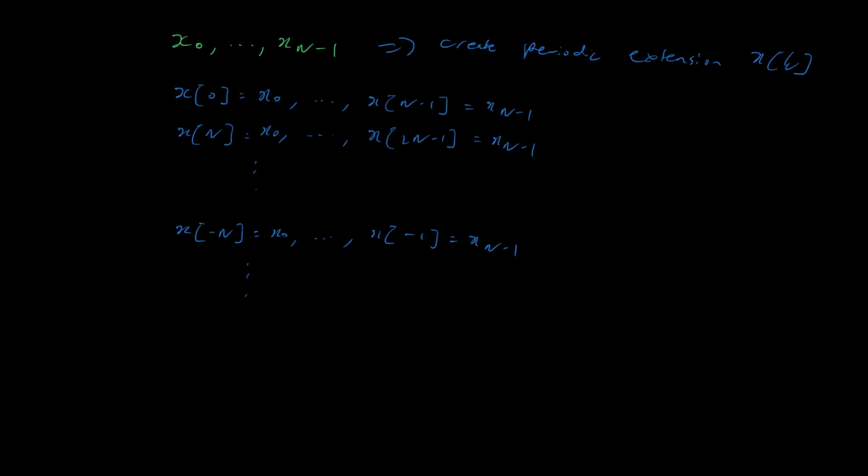We can then apply the Discrete-time Fourier Transform to x of k. Because we have extended this periodically, we hope that by looking at the frequency domain content of x of k, we can work out what the fundamental frequencies are in our finite amount of data here.